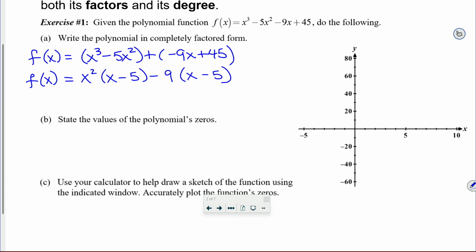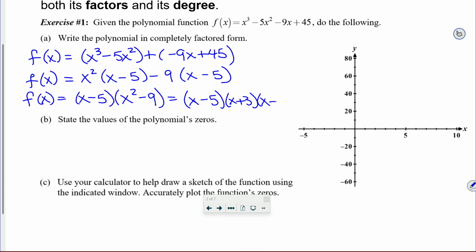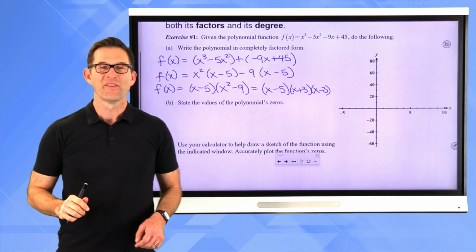Also leaves me with x minus 5. Continuing to factor, I'm going to run out of room, but we'll give it our best shot. X minus 5 times x squared minus 9. And I think I can fit it in. X minus 5 times x plus 3 times x minus 3. Whew, just made it. There we go.